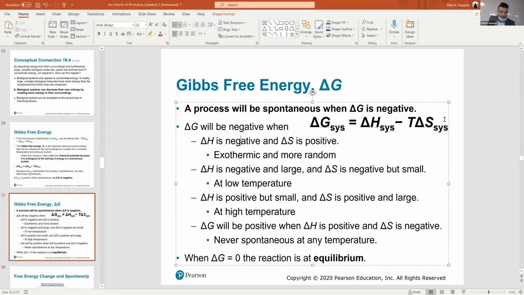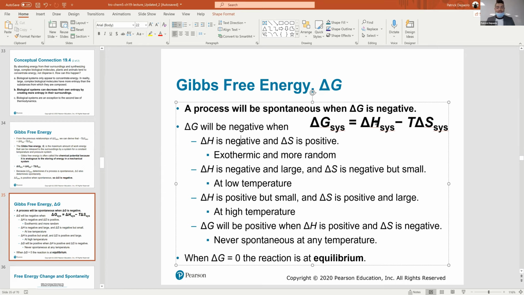Next one. It's spontaneous when delta H is negative and large and delta S is negative but small. That makes sense because delta H is negative, meaning it's exothermic, like liquid water freezing into ice.